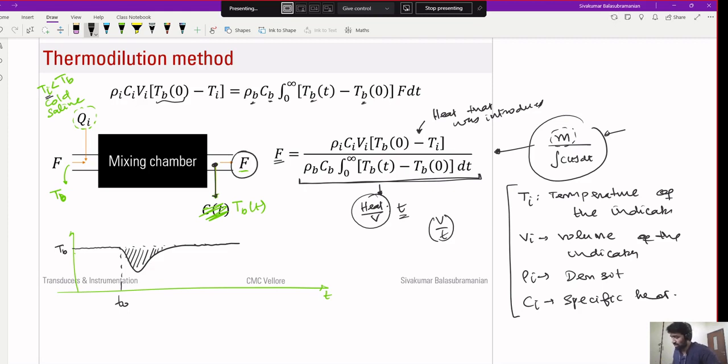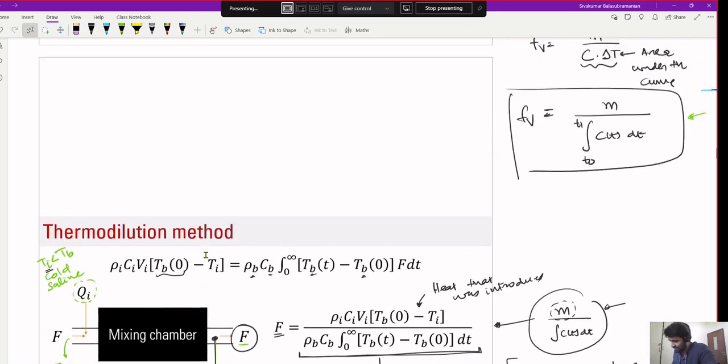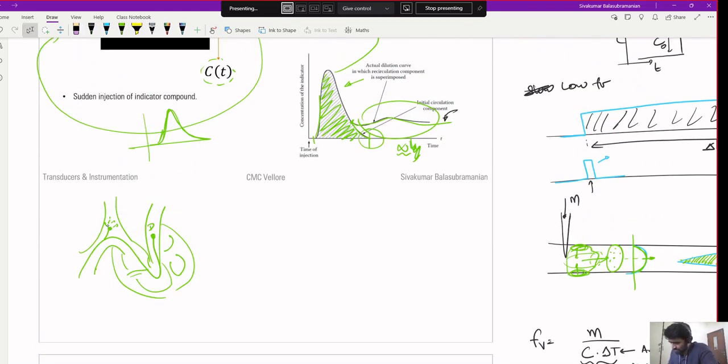So this is also another method which is commonly used, in fact more than the indicator dilution method discussed earlier. The idea is again similar. Instead of introducing the dye here, you introduce cold saline or some other fluid, which is then picked up by a temperature sensor here. So the D here is now a temperature sensor.